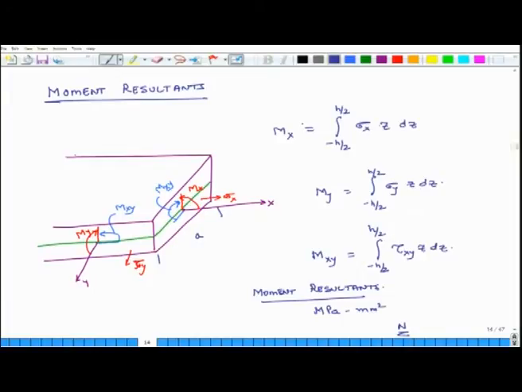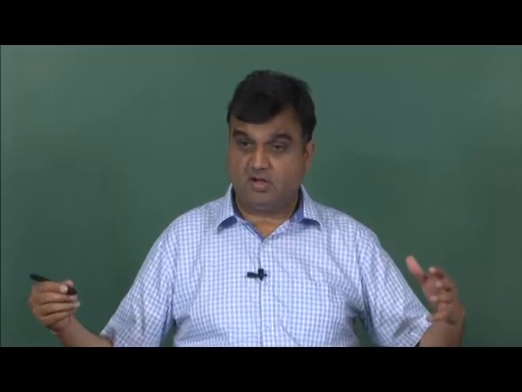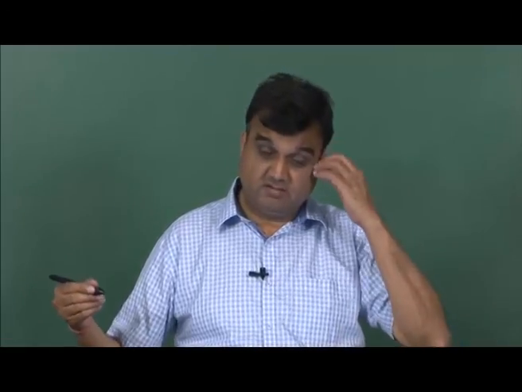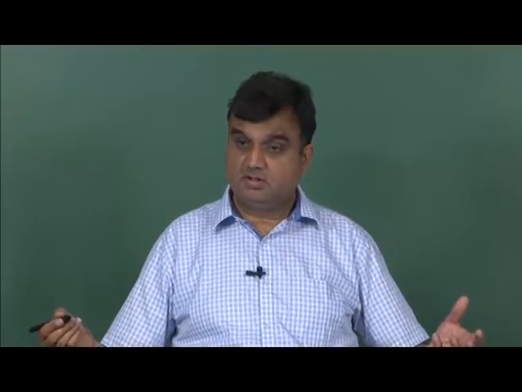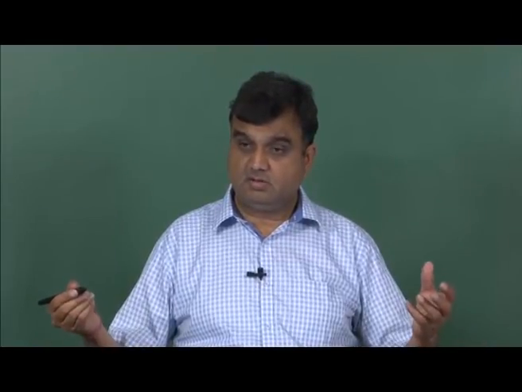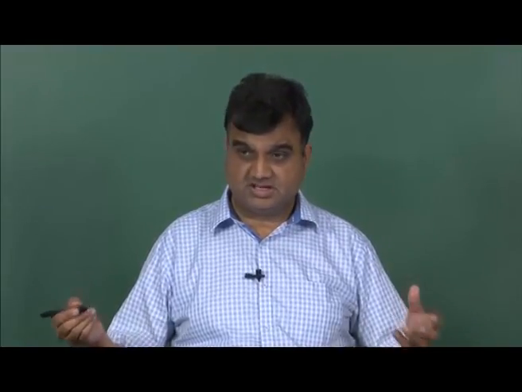We will put these stress-strain and strain-displacement relations into the relations for moment and force resultants, and then based on that we will develop a model for the behavior of a composite plate when it is subjected to externally known moment and force resultants.